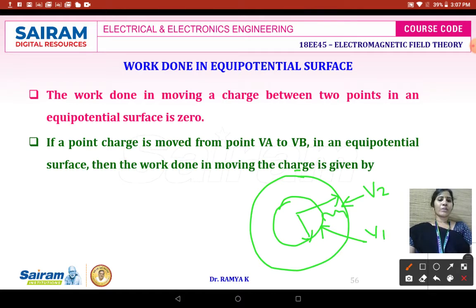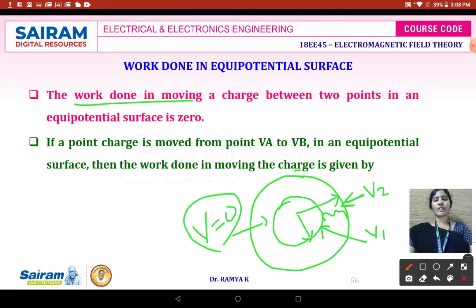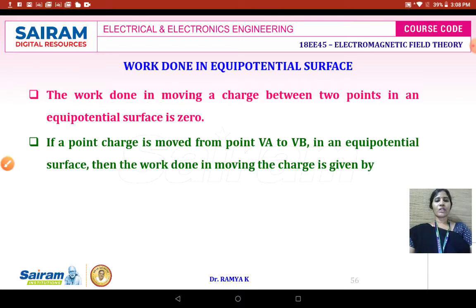The potential between the 2 points is calculated and identified that in an equipotential surface the net voltage will be equal to 0. At that moment, there is no need of any work to be done when your field is 0. Therefore, the work done in moving a charge between 2 points in an equipotential surface is going to be 0.